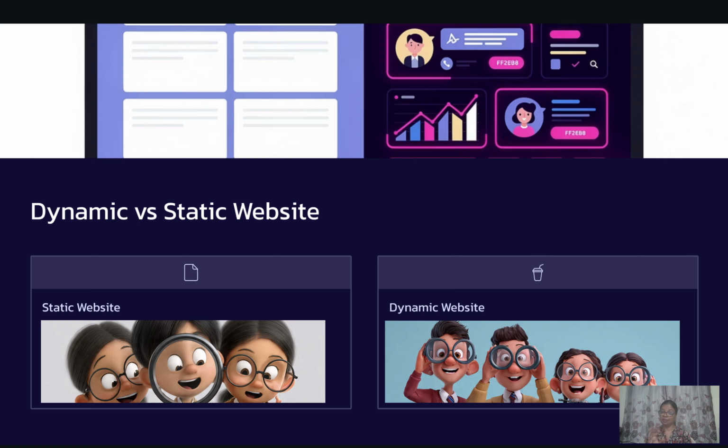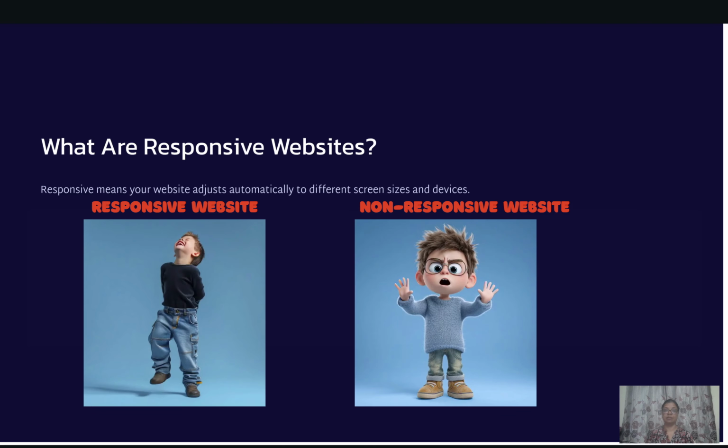Whatever you are searching for, related to that only it will show. At the same time, if someone else is searching for beautiful saris, jewelry or something, Amazon will show those products as per the interest of that person. So the content will change from person to person. This is the dynamic website.